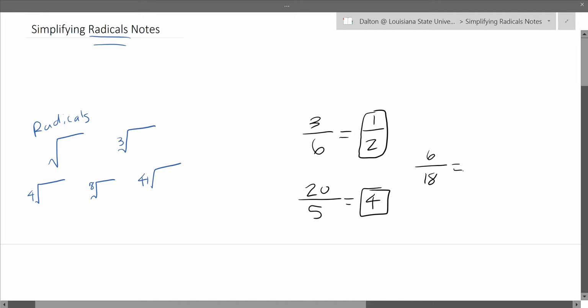Now, 6 over 18, we could say, ooh, both of those are even numbers, so let me reduce it again, and let's do 3 over 9. Oh, but then hopefully you go, okay, 3 over 9, both of those are divisible by 3, so that can further be reduced to 1/3. So in the same way that you can simplify fractions, we can simplify radicals.